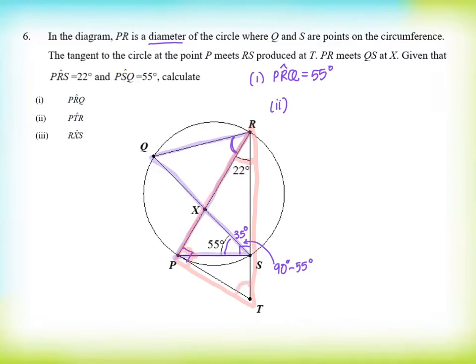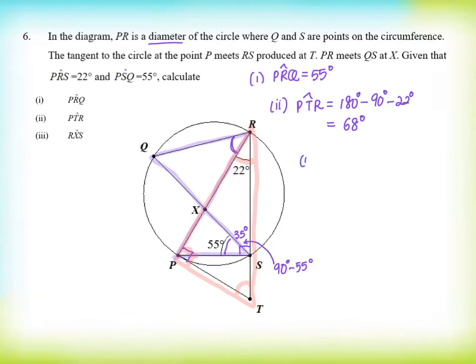That means the angle PTR will be 180 degrees minus the other two angles. So we have 180 minus the 90, the tangent, minus 22 degrees. That will give us an angle of 68 degrees.